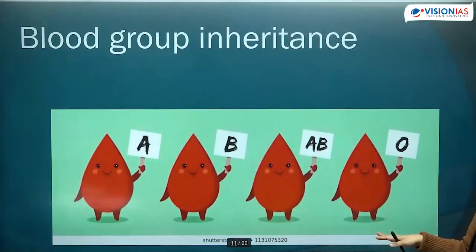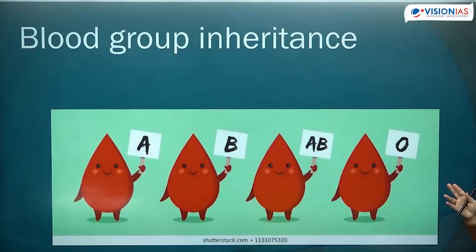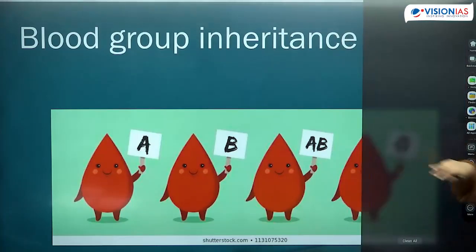In blood group inheritance, we studied yesterday that we have two types, ABO and RH type, right? RH you cannot predict like this, but ABO can be predicted. And that's what we are going to learn, how ABO blood group inheritance is going to work.